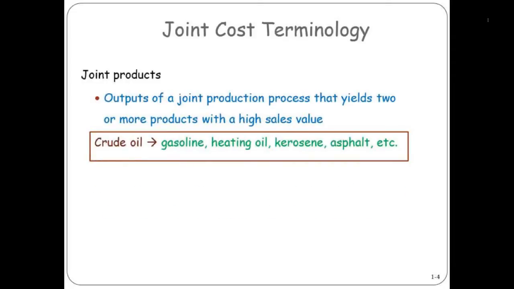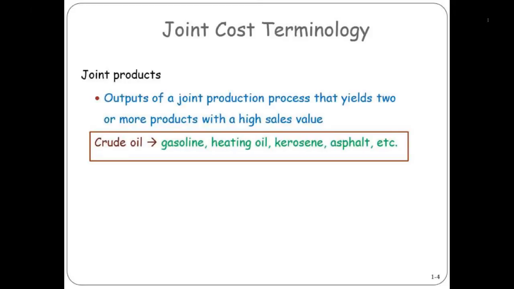So a joint product, as I described before, is when you yield two or more products from a single raw material or single process, and those products will all have a high sales value. They may not have equal sales values, but they are all meaningful sales values. So they're all more than scrap. They're all more than byproducts.